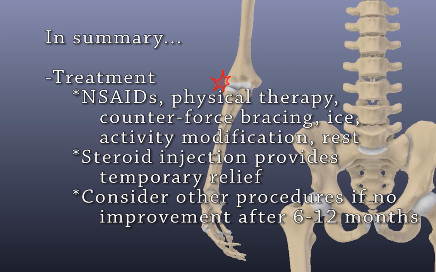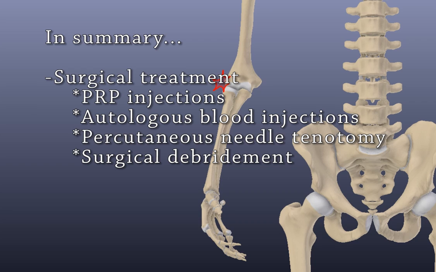Initial treatment includes NSAIDs, bracing, ice, activity modification, and physical therapy. Steroid injections are sometimes given to relieve pain, but are not shown to be effective in the long run. In the uncommon incidence of recalcitrant tennis elbow that does not improve after 6 months to 1 year, PRP injections, needle tenotomy, or surgical debridement may be considered.